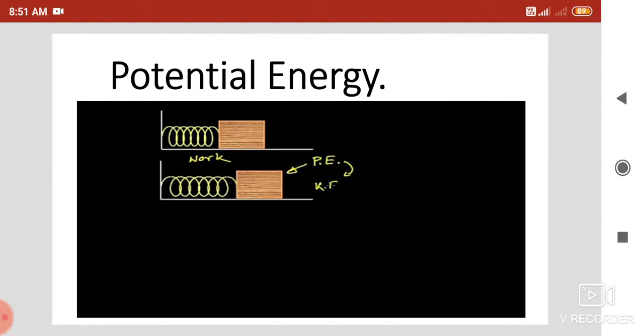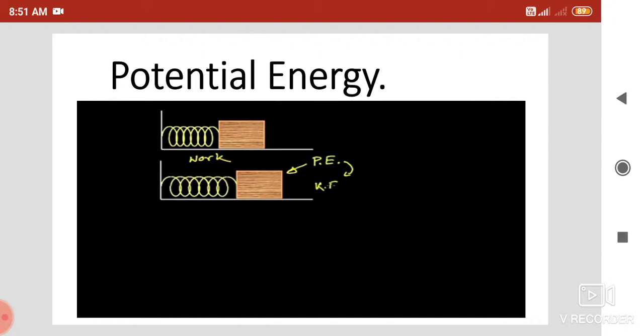Now when we leave that block, it will go towards its original position. The spring will try to attain its original position. So whatever energy was stored in the block is converted into kinetic energy, and because of kinetic energy the spring tries to gain its original shape.